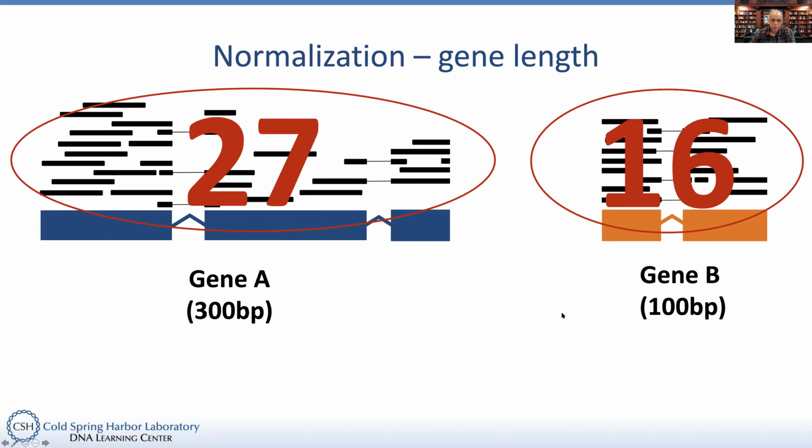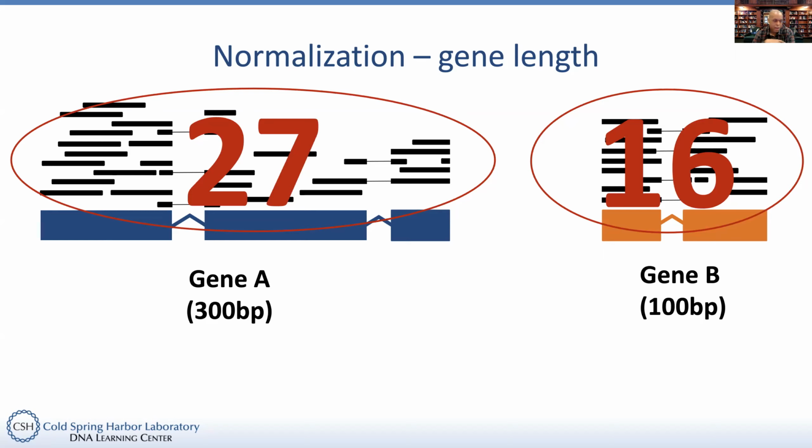Okay, great. But that is not really a fair count of expression because they are different lengths. So the key thing about normalization is that we want to take into account the fact that because genes vary in length, we need to take away some of that for genes that are really, really long, which are going to thereby have more reads, and also give a little bit more credit to genes that are short.